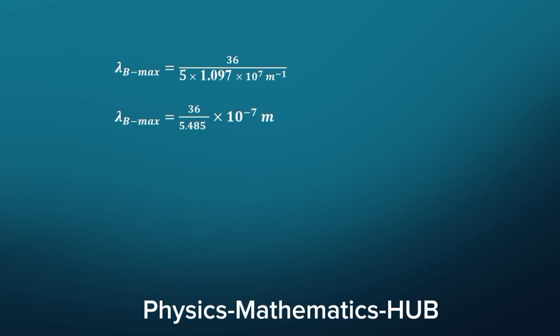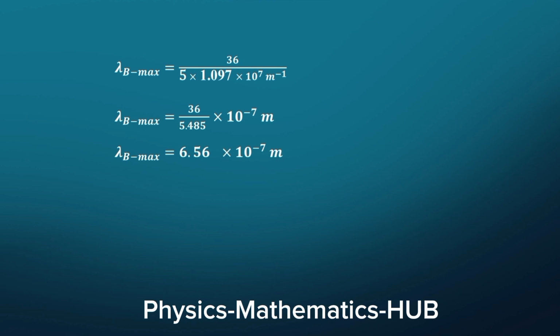Multiplying 5 with the 1.097, we get 5.485, and transferring 10 to the power 7 per meter from the denominator to numerator, we get 10 to the power minus 7 meters. Simplification gives lambda B maximum is equal to 6.56 multiplied by 10 to the power minus 7 meters.